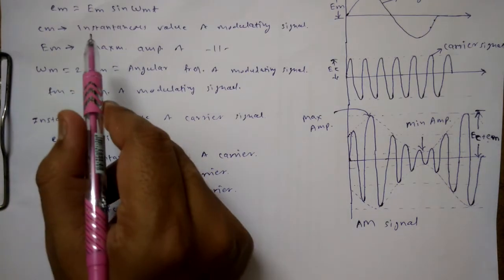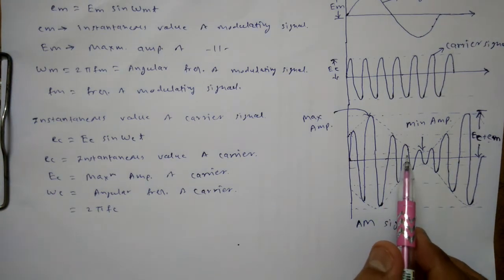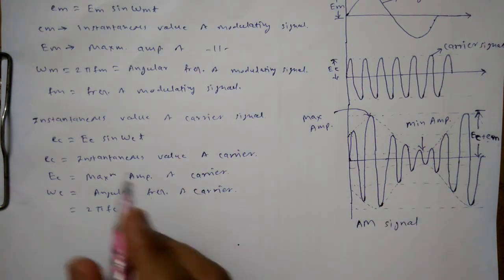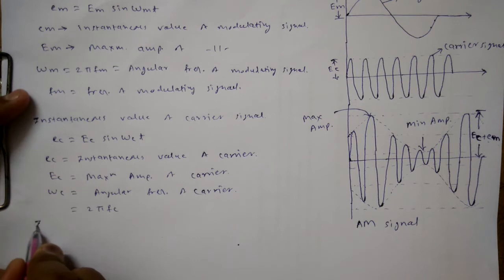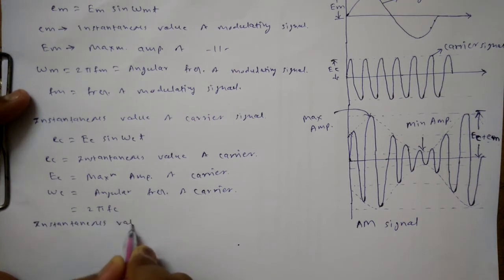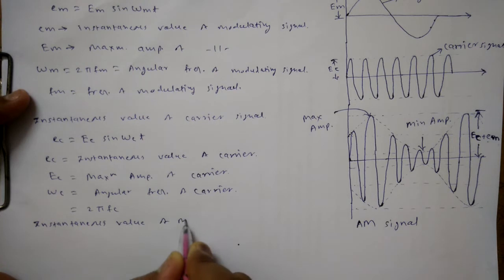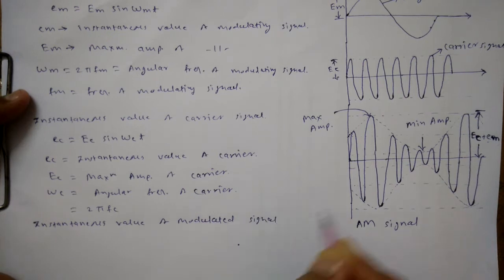From these two equations, we can go for the instantaneous value of the modulated signal now, right? So the instantaneous value of the modulated signal, let me write it first, means this signal.